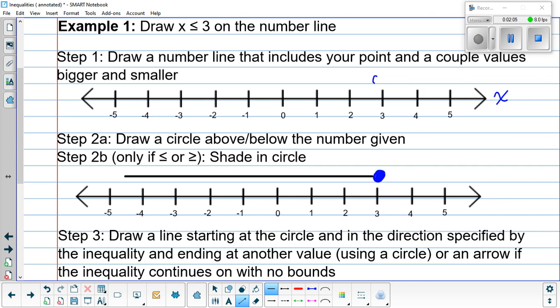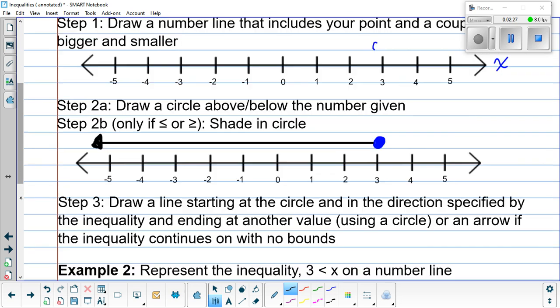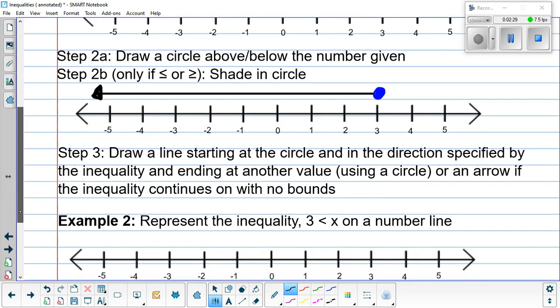So what do we do? We draw an arrow at the very end. We just draw a little part on our line that makes it an arrow, and that tells everybody that these values are going to keep going past what we have on our page. So, first one complete.